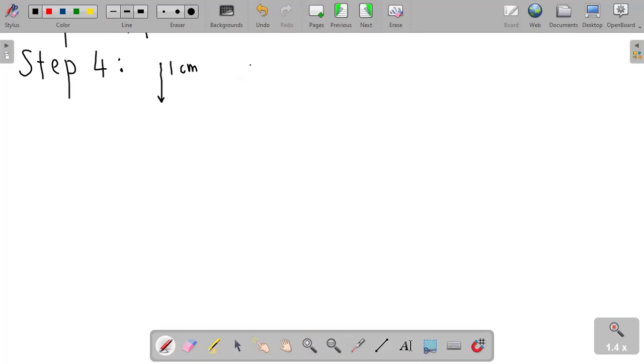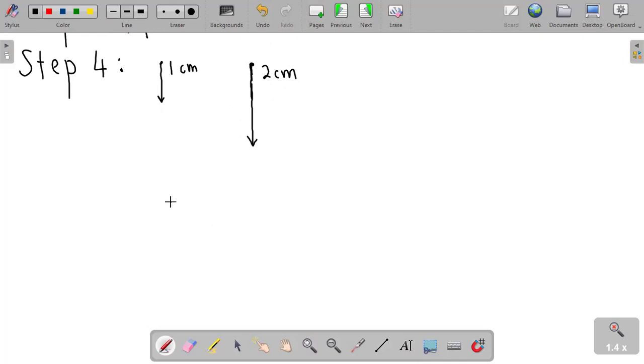So we have 1 centimeter and 2 centimeters. Those are the two that we have in this activity. The 2 centimeters must be 2 times bigger than what you have here. Your ruler will help you with the measurement here. So this is 2 centimeters, and it must be 2 centimeters on the page.